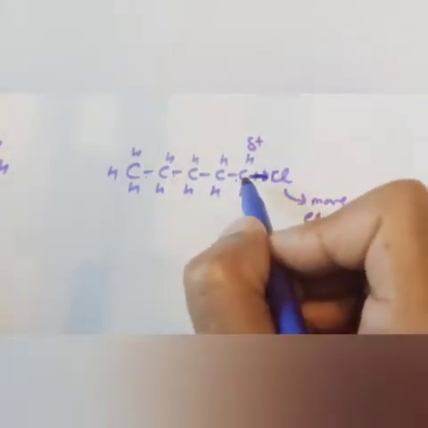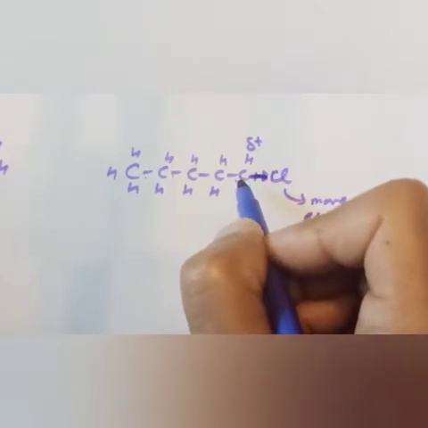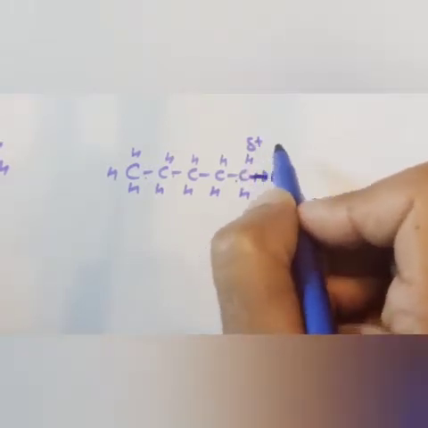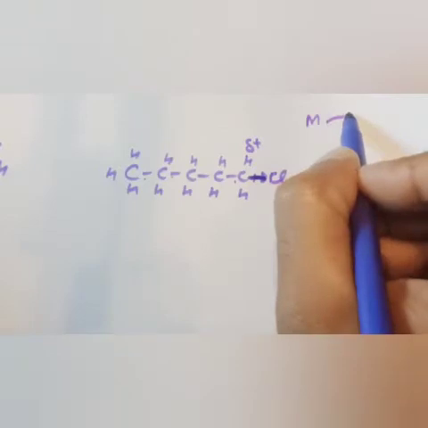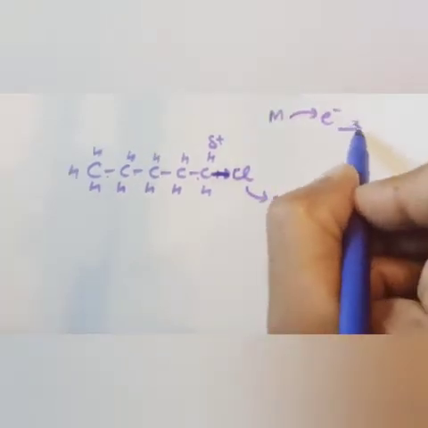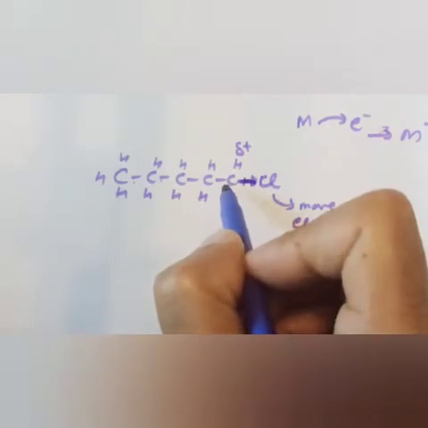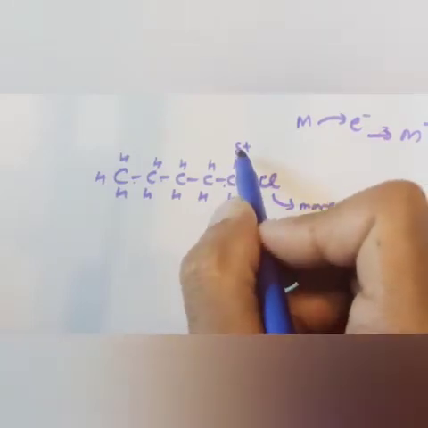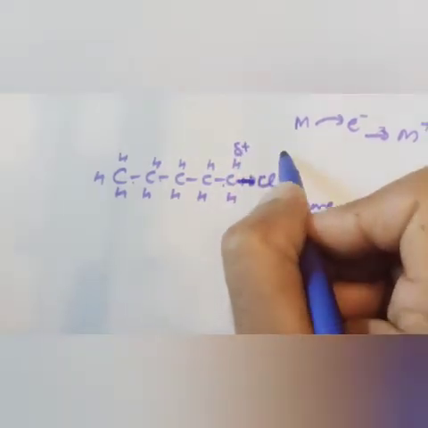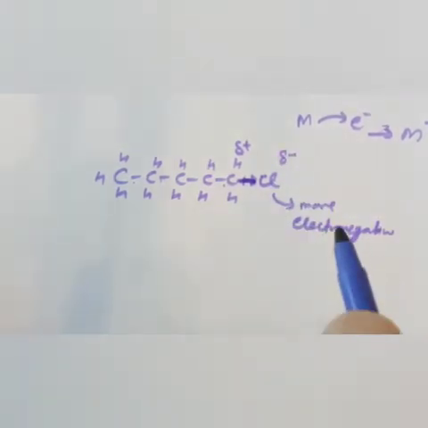The complete loss of electron is not there, only partial loss. You know very well that when any atom loses electron, it carries positive charge. So carbon is about to lose the electron, that's why partial positive, whereas chlorine is about to gain electron, that's why partially negative charge.